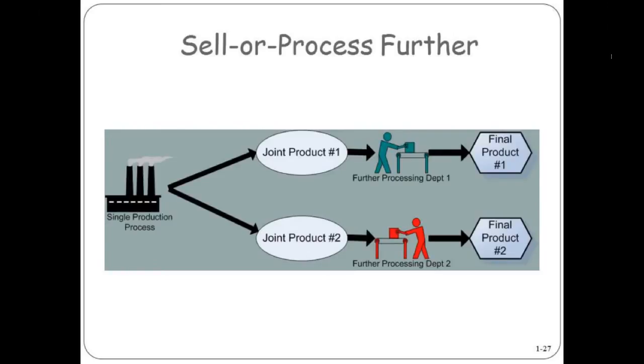You may need to make the decision as to whether to sell here or do this further processing, create the buttermilk and the condensed milk, and create a different final product. What kind of analysis do you do to do this?